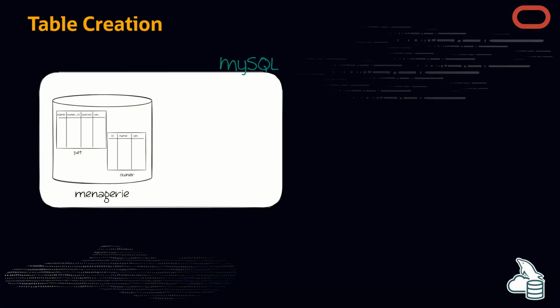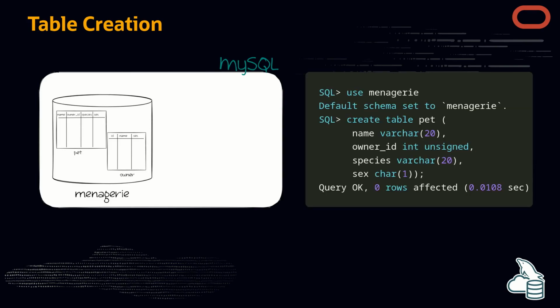So you remember we have created a menagerie schema or database, and inside we can create tables. So we will create a pet table, so we use menagerie, and then we create a pet table with a definition of each column. So here we have a column called name, owner ID, species, and sex for the pet, right?